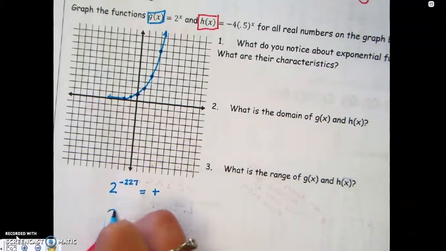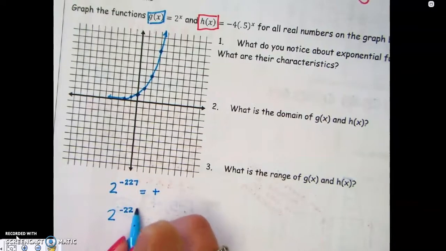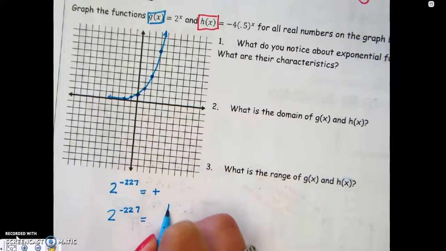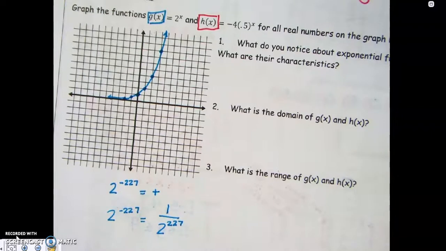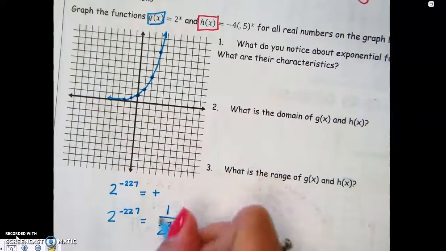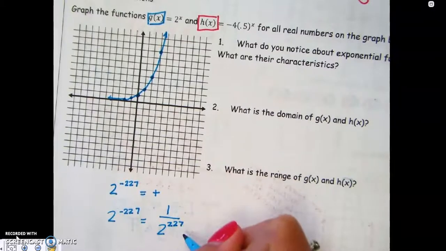That's because, remember in our exponents unit, we learned that a number with a negative exponent can be written as a fraction like that. Those are equal to each other. And this would never be a negative number. It will just be a really, really small number.